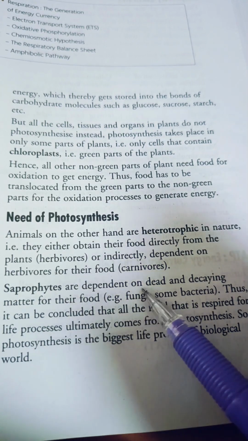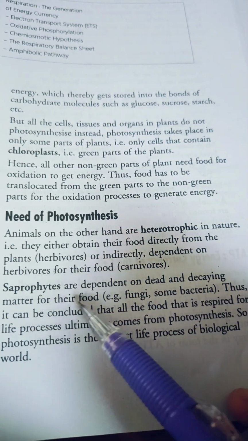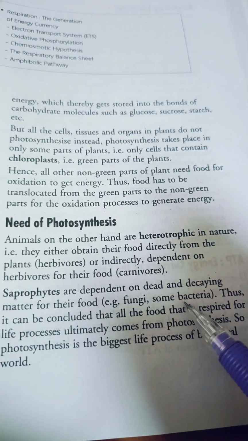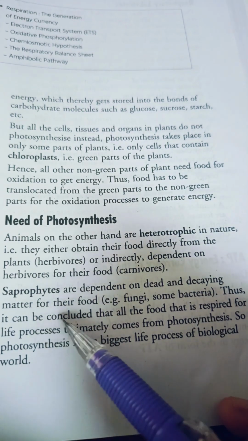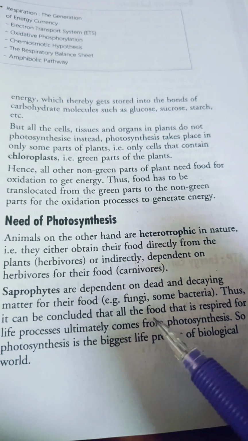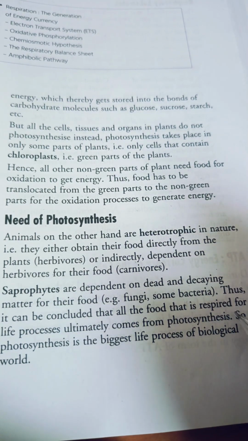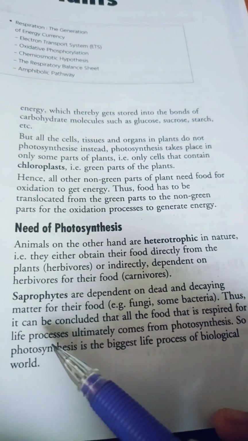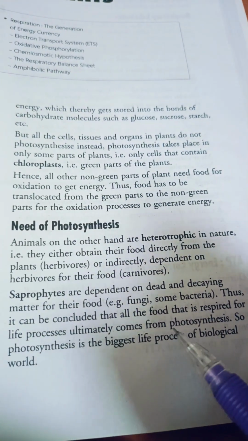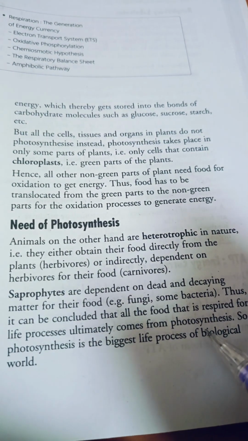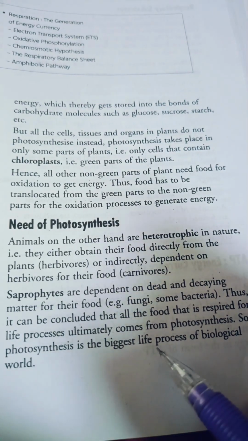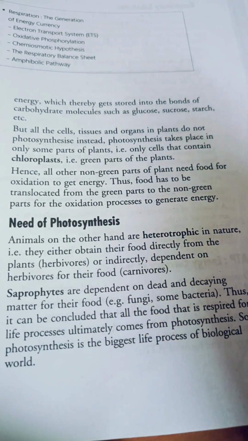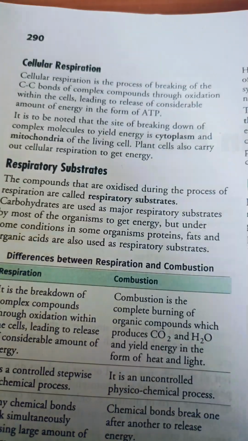Saprophytes are dependent on dead and decaying matter for their food, that is, fungi and some bacteria. Thus, it can be concluded that all the food that is required for life processes ultimately comes from photosynthesis. So, photosynthesis is the biggest life process of the biological world.